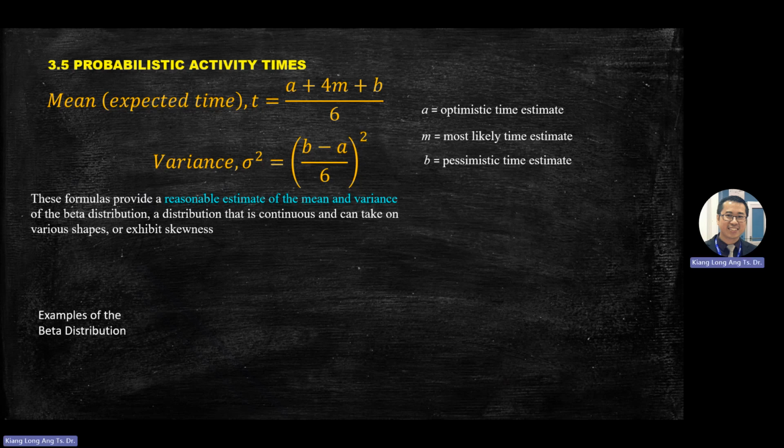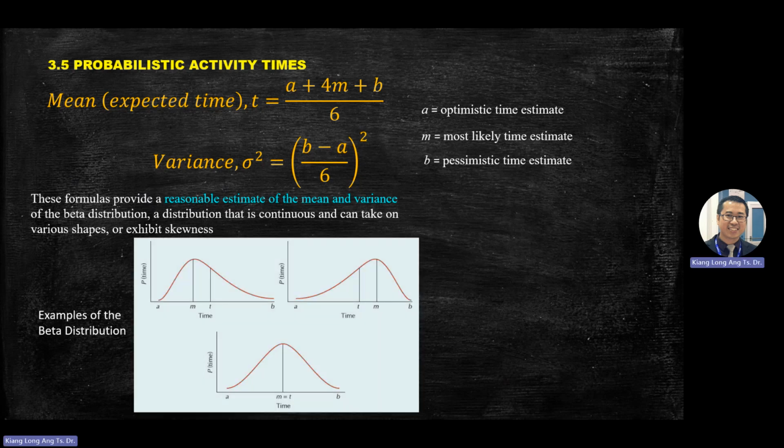Just in case you don't know, there are 3 types of curve. This one is the normal one. This one is on the left hand side, this one on the right hand side. See the M, the most likely time will be towards the mean, on the left a bit. It goes towards optimistic.